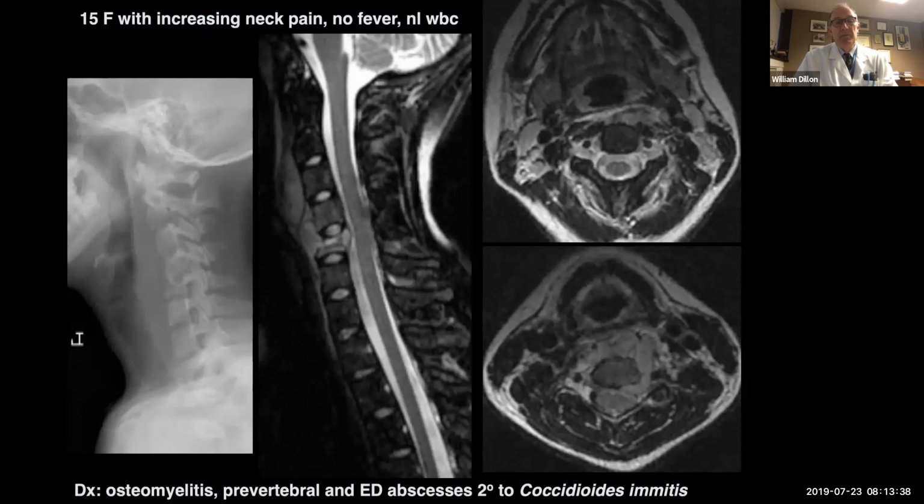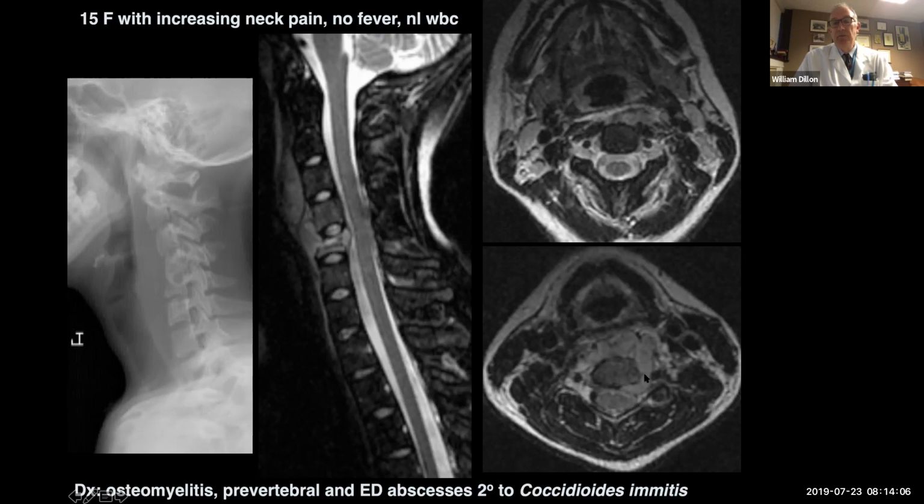Here's another example of a patient. This one, a spine lesion, increasing neck pain, no fever, normal white count. The differential diagnosis would be osteomyelitis or possibly a tumor. You can see there's some extension into the retropharyngeal area, but this is the prevertebral space, not the retropharyngeal space.